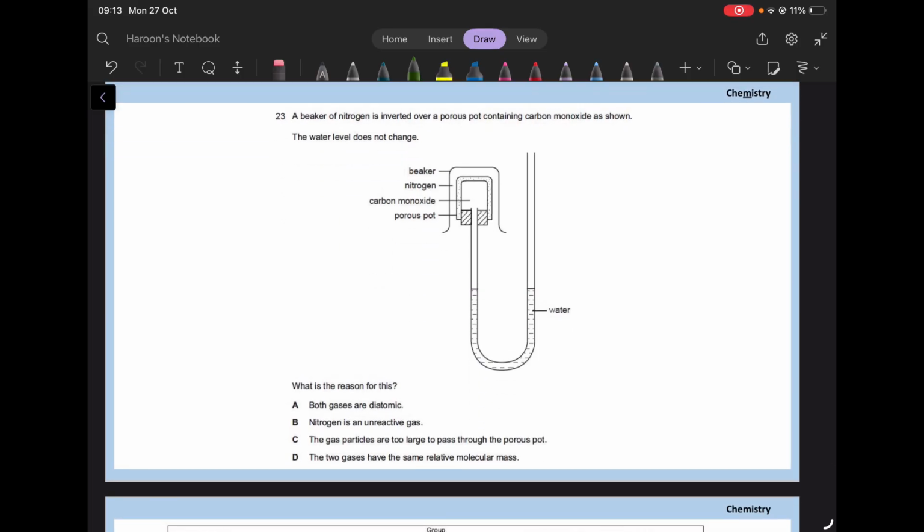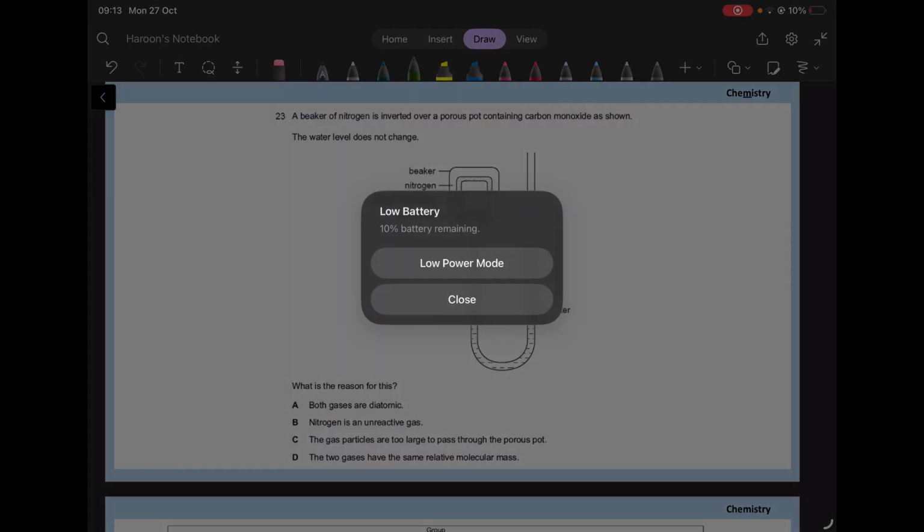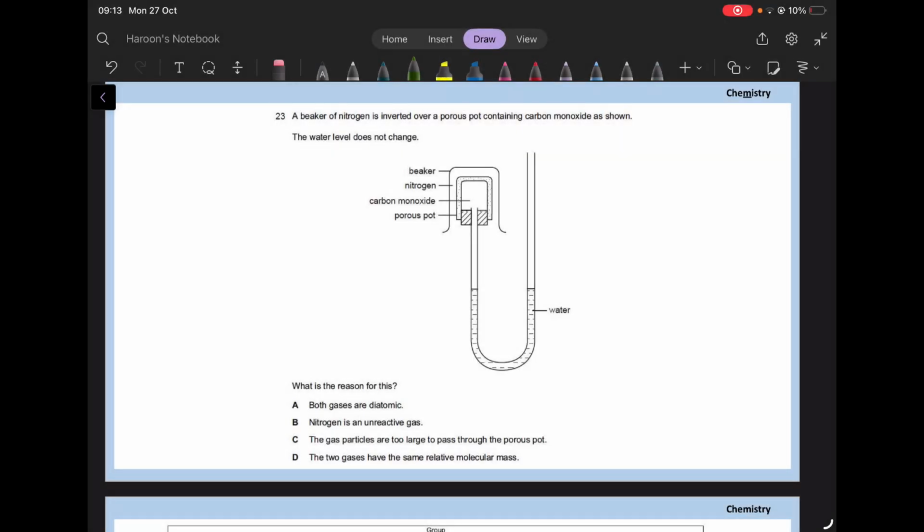A beaker of nitrogen is inverted over a porous pot containing carbon monoxide as shown. The water level does not change. What is the reason for this? If there is no change in the water level, that means whatever is the mass over here, it should be the mass inside as well.